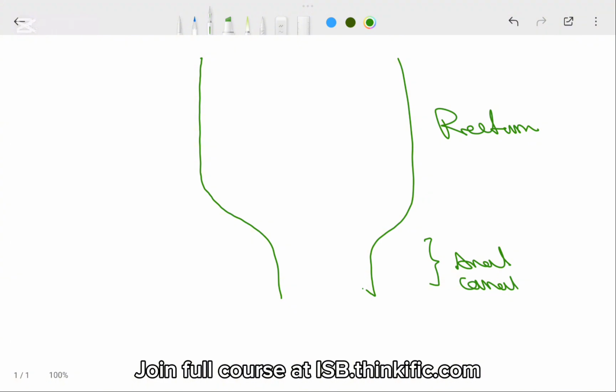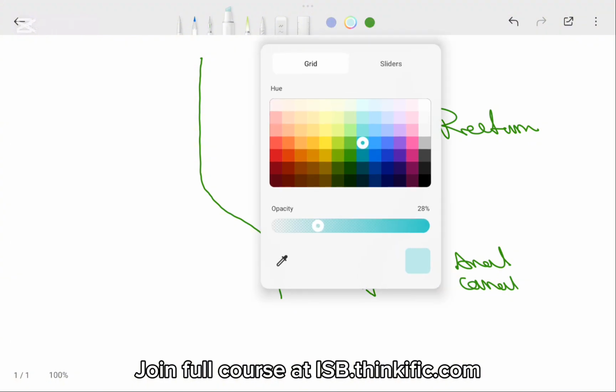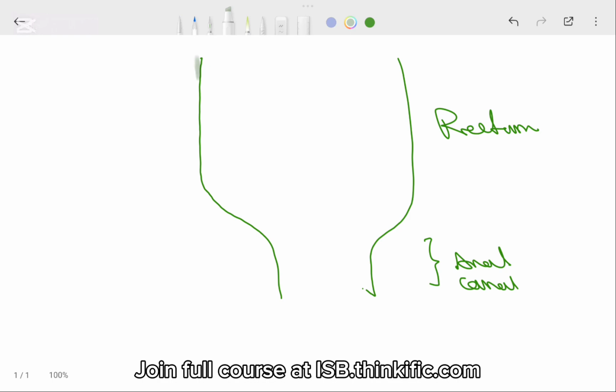Okay, now the rectum has an inner circular smooth muscle cell layer, right? This inner circular layer becomes continuous with the anal canal, and it thickens at the anal canal to form the internal anal sphincter.